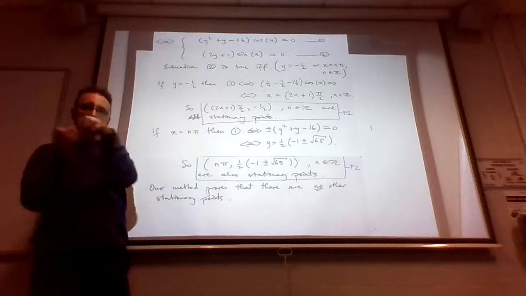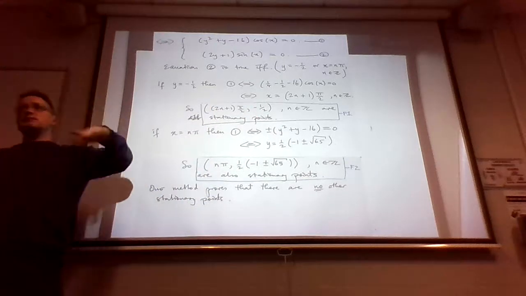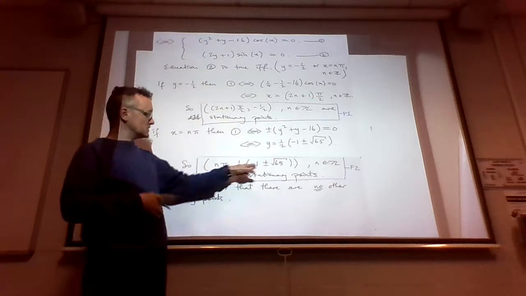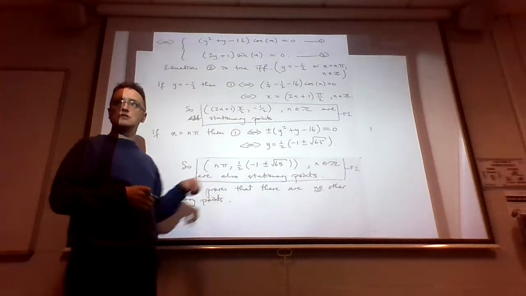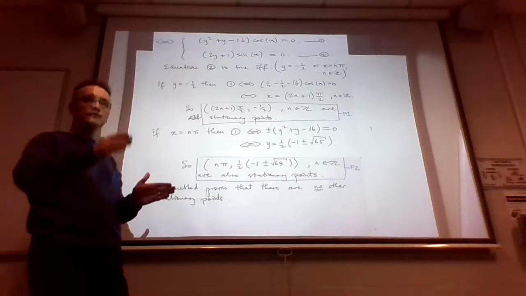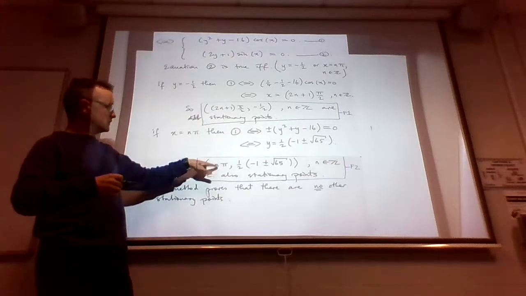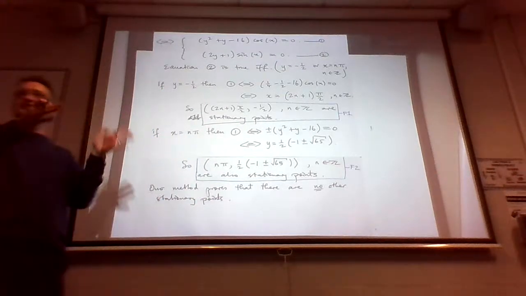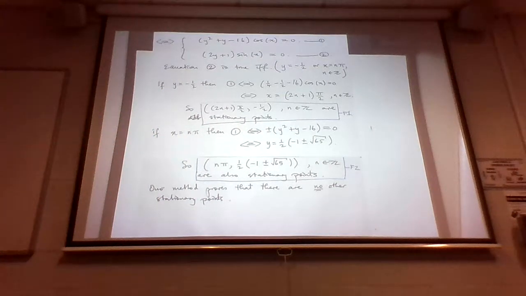So this first one looks like the central row of minimums and maximums, probably. And these 2 rows, one at this y value, one at the negative version, side by side, and with an infinite set of x values, they look like the rows of saddle points either side of the central minimums and maximums. That's what we suspect, just by comparing with the view of the graph.